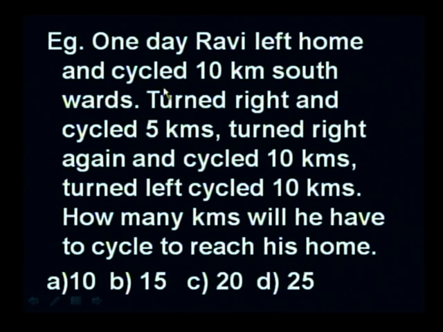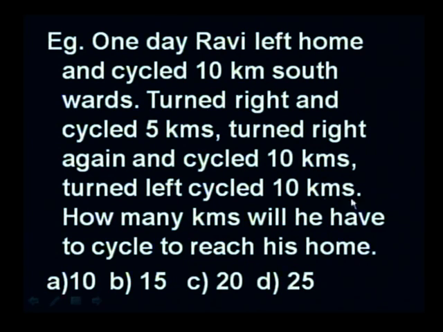So, see the problem once again. Ravi left home, cycled 10 kilometers, or meters, the problem solution says meters. So, 10 meters southwards, supposing he started here, he has reached south, then turns right. Imagine that you are standing the other way around, your right would be here.